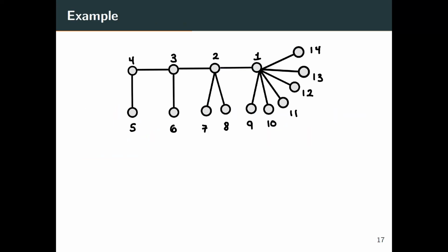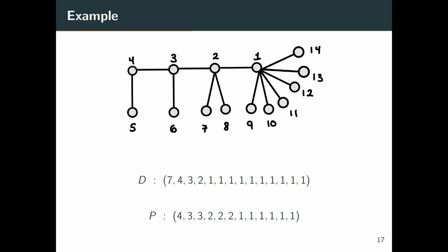So let's see an example of this. Here we have a tree, and here we have the degree sequence of the tree. Observe that, for example, the first entry of the sequence is the one corresponding to the degree of vertex 1, that is 7. The second entry corresponds to the degree of vertex 2, and so on.